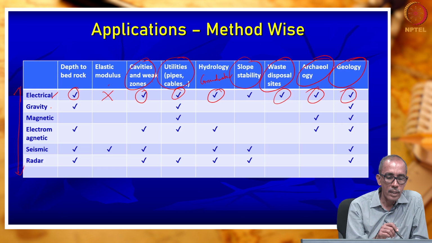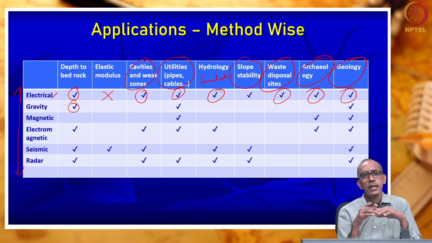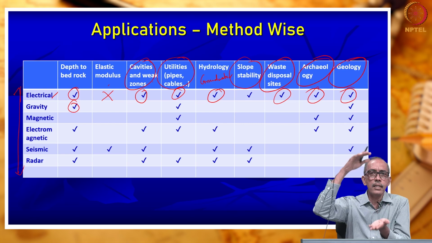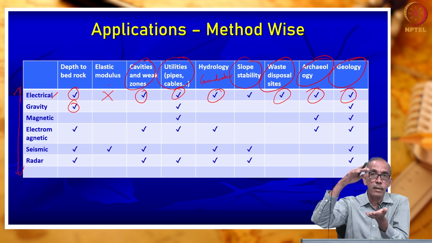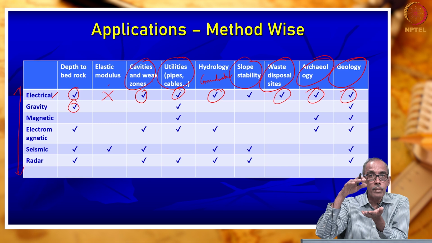Let us take gravity methods. Gravity methods, yes, at a broader level, including the thinning and thickening of the crust of the earth. Earth's crust thickness is nearly 35 kilometers. In some parts of the earth, it may be thinning. Beneath the oceans, it will be thinner.